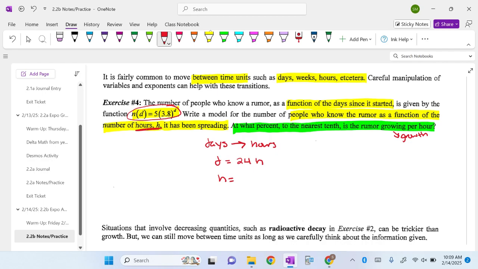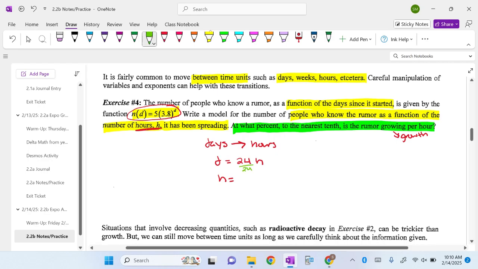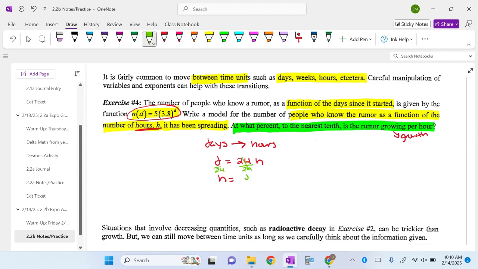In terms of days. So from that first equation, how do I get the H by itself? Divide by 24. So I would divide both sides by 24. So that means in 1 hour, we have H equals D divided by 24.